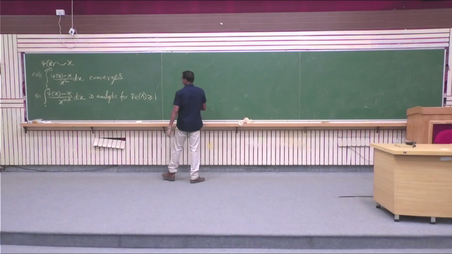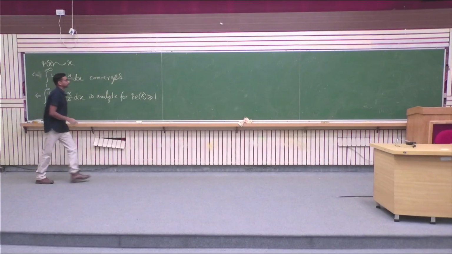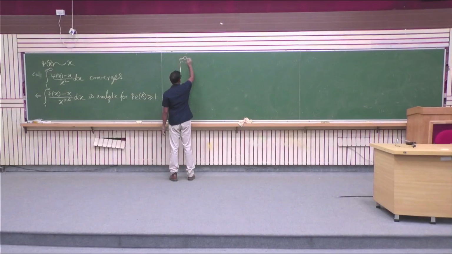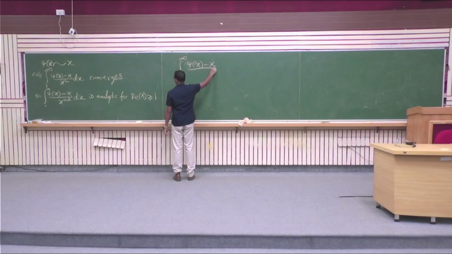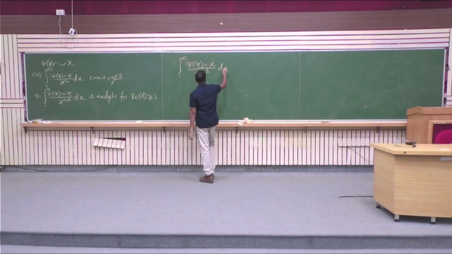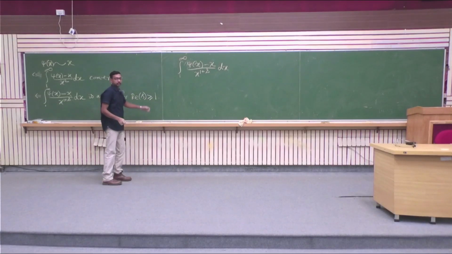We will just show this. At first we compute this integral and see what it is exactly. So now look at the integral from 1 to infinity of psi x minus x by x power 1 plus s dx. We'll see why it is an analytic function for real part of s greater than or equal to 1.